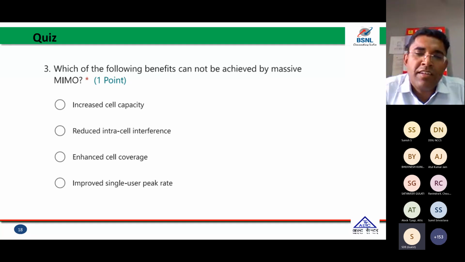B is the right answer. Actually, in question number 3, which of the following benefits cannot be achieved by massive MIMO? Massive MIMO is used as multi-user MIMO, where the complexity of the user equipment is not enhanced, no?